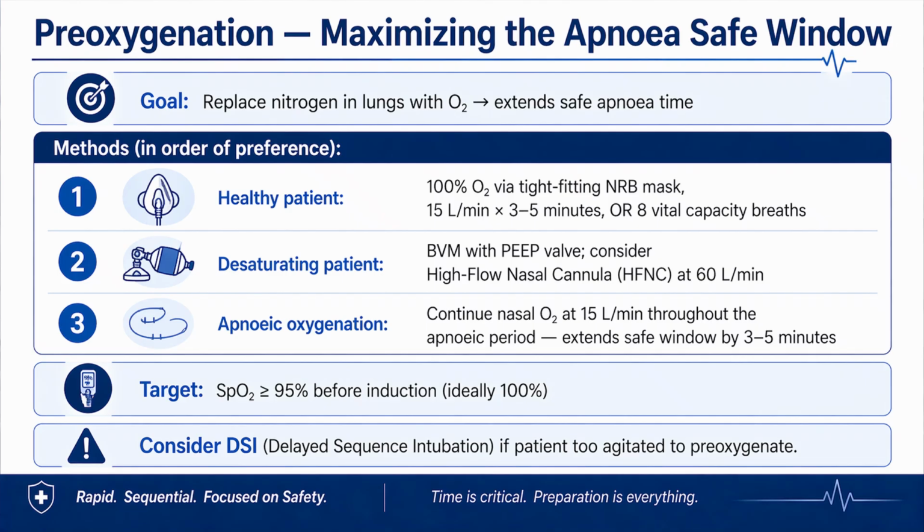And in certain cases, we also put in nasal prongs and give 15 liters per minute flow throughout the apneic period. That actually increases the safety window by 3 to 5 minutes. What is the target? It is to achieve a saturation of greater than 95% before induction. Ideally, it should be 100%, but more than 95 is acceptable.